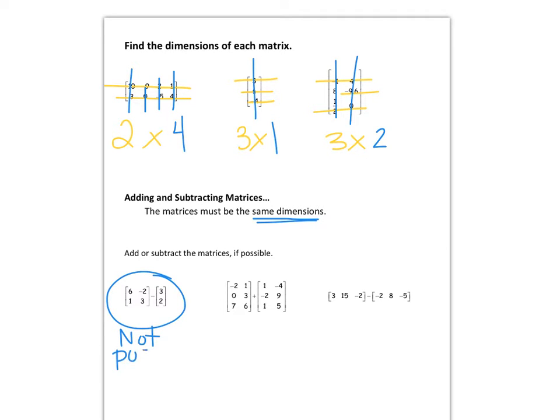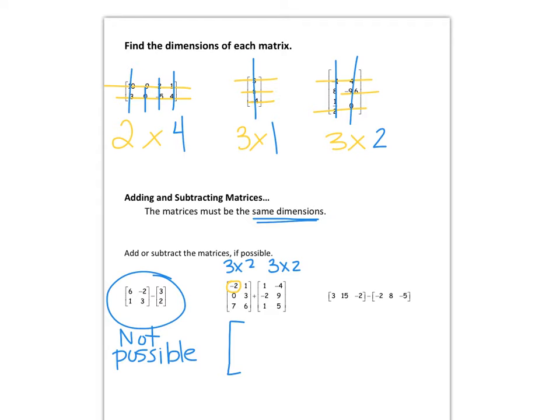That's a 2 by 2 matrix and a 2 by 1 matrix, and they cannot be added or, in this case, subtracted. However, beside it, there's a 3 by 2 matrix next to another 3 by 2 matrix. They have the exact same dimensions, so I am able to add them. To add them, you would add corresponding elements.